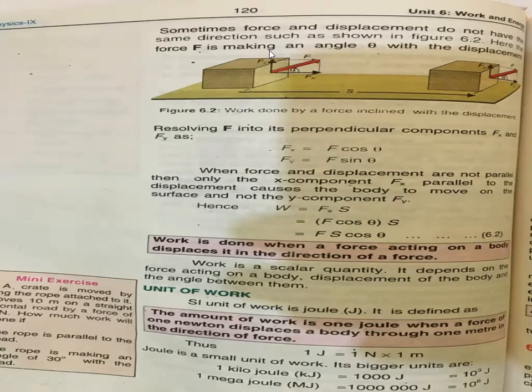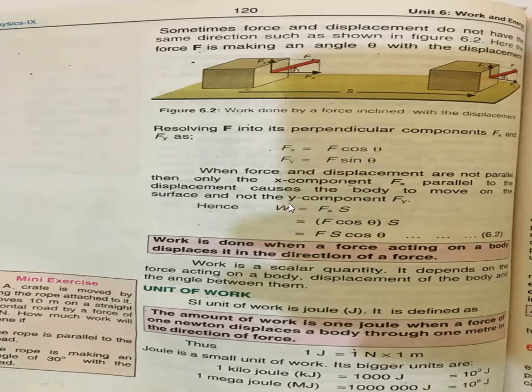The Fy component is not working. So we will consider only the Fx component, the horizontal component of force, because the motion of the toy car is only on the earth. We will neglect the y component of the force, which is Fy equal to F sin theta. Only Fx equal to F cos theta is responsible for the body to move on the land.